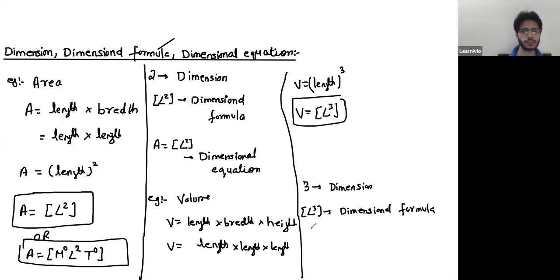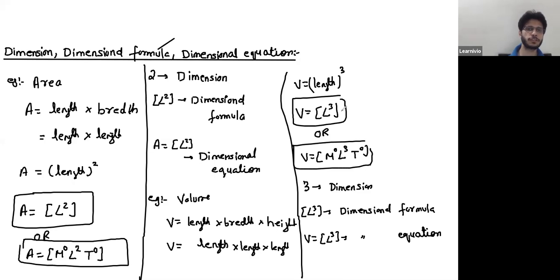And what about the dimensional equation? V equal to L cube is the dimensional equation. Or you can even write this as V is M0 L cube T0. There's another notation, but I will always prefer this one.